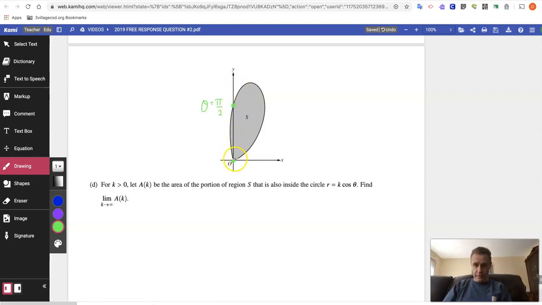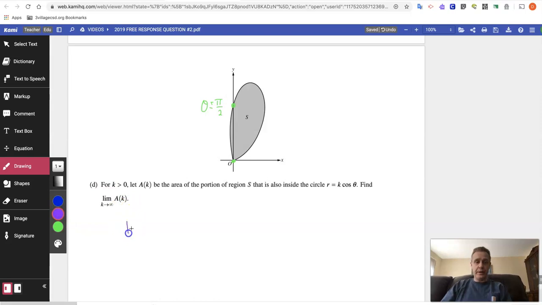That's when we stop at this point on the y-axis. And if you want to check to make sure that at pi over 2 we're at this point of the polar curve, remember you can limit your calculator in how far it graphs your polar curve. You can set the upper limit to be pi over 2, and notice that we get this part of our polar curve just in the first quadrant.